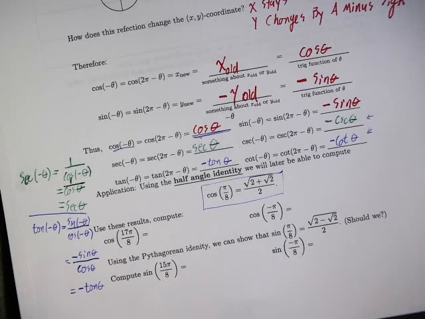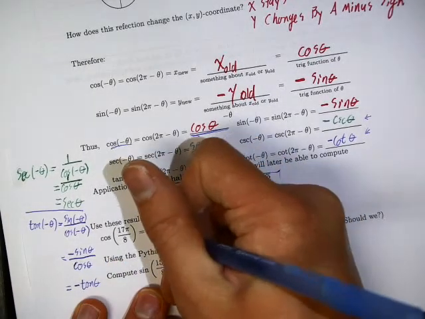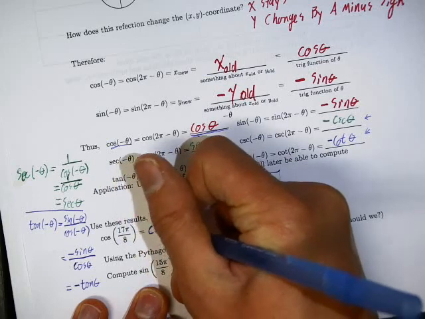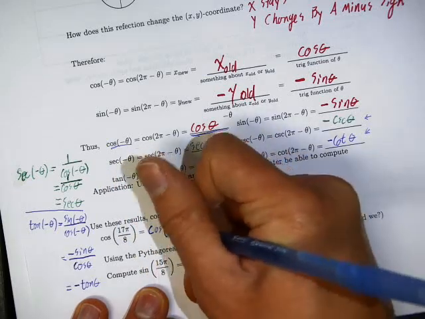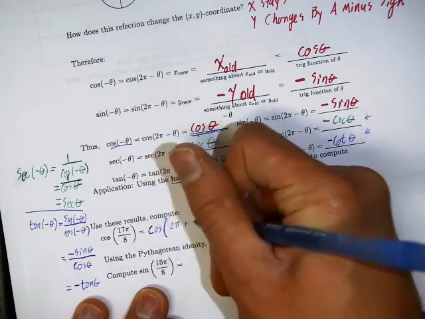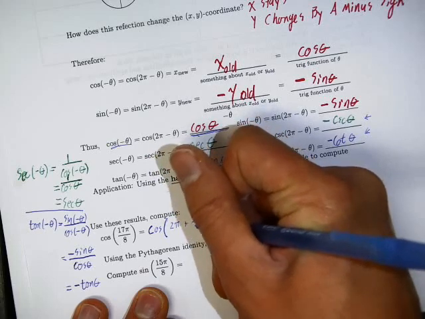Let's see. 17 is almost a multiple of 2 pi, right? Oh, no, it's not. 17 pi over 8, so 2 pi would be 16 pi over 8. So cosine of 17 pi over 8, well, that should be the same thing as the cosine of 2 pi plus pi over 8.